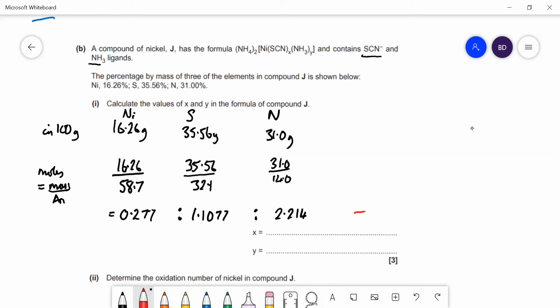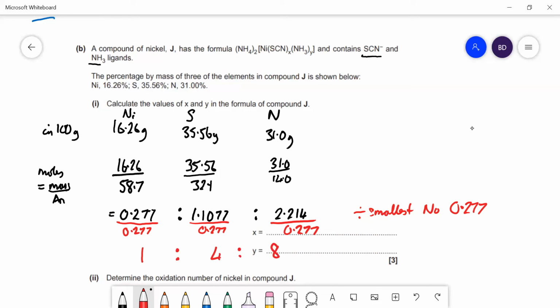We're going to divide by the smallest number, which is 0.277. Right, that gives us 1 to 4 to 8. So that's our ratio of nickel to sulfur to nitrogen.